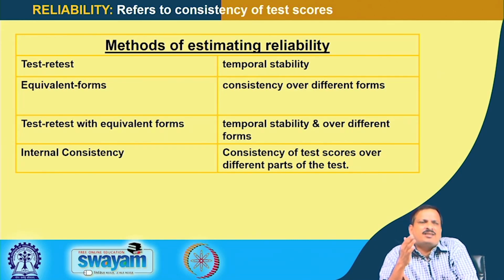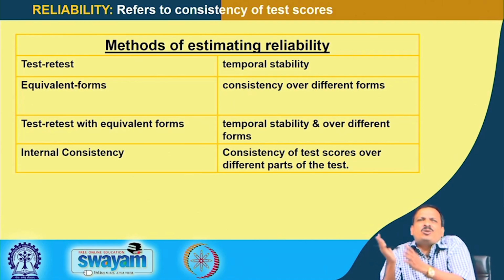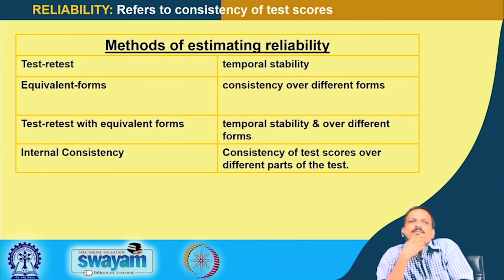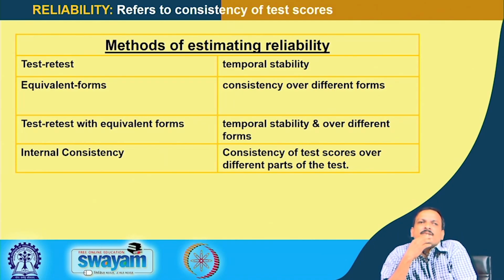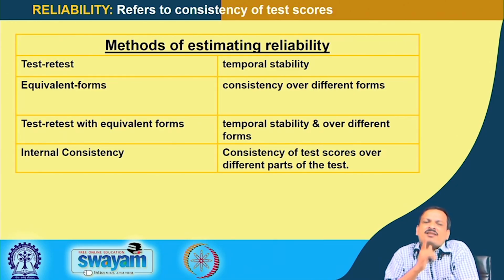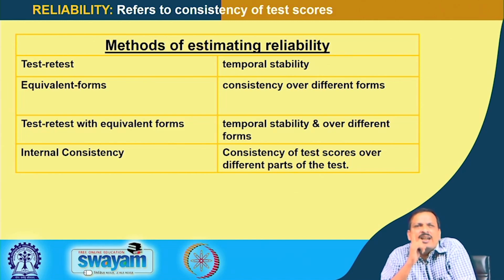In most cases, if you see any board exam, 90% of the students get 100 of 100. Can I ensure the skill of the students is also 100% for 100 students? If I take the same test after 2 months, can I ensure that all will get 100 out of 100?